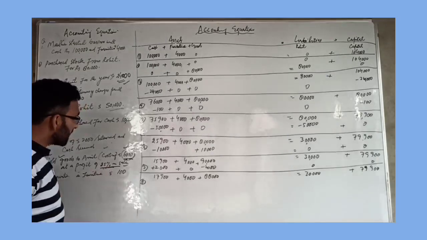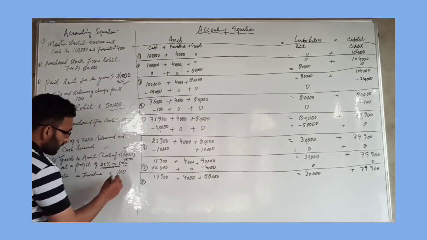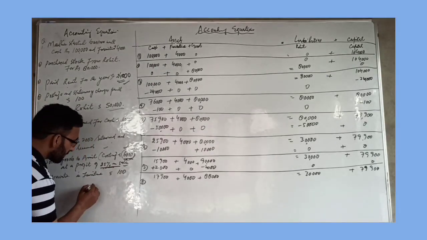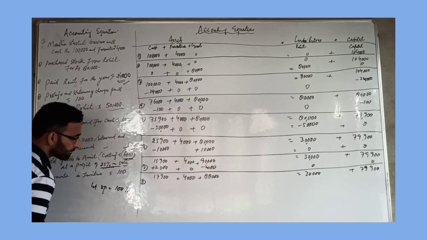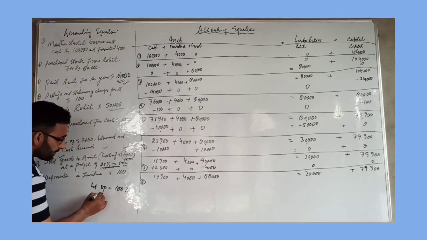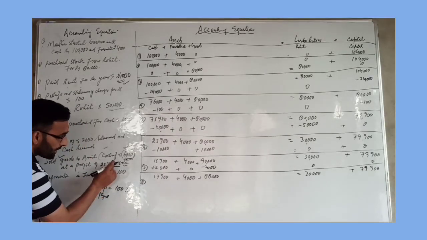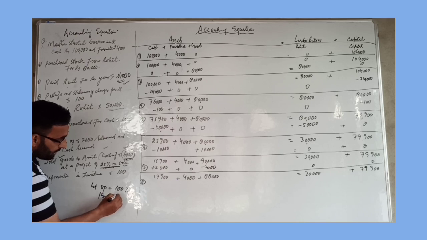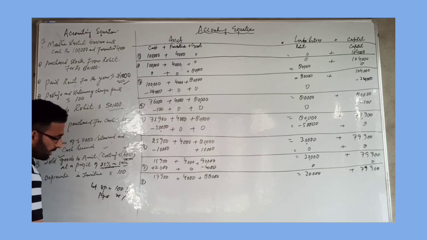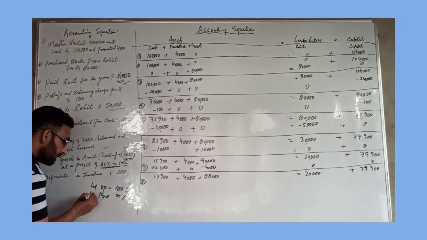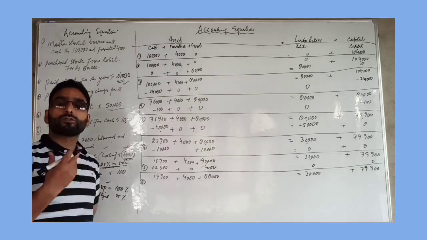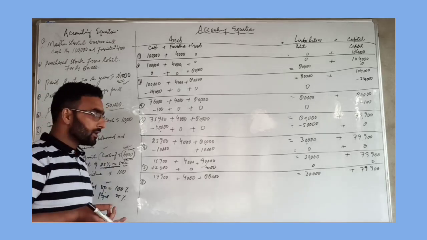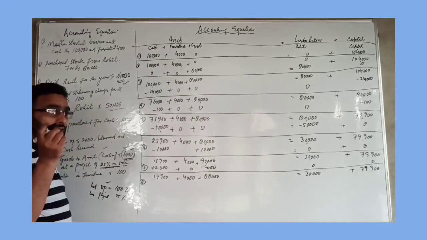Now we have to calculate the selling price. Suppose we take the selling price as 100%. Let SP be equal to 100%. The profit is 25% of the selling price.